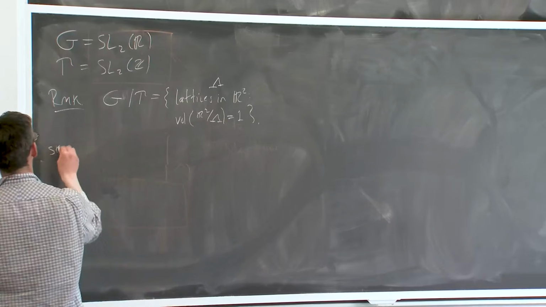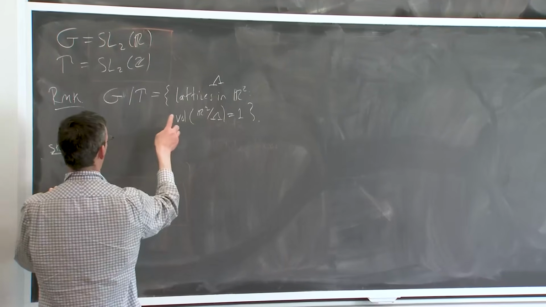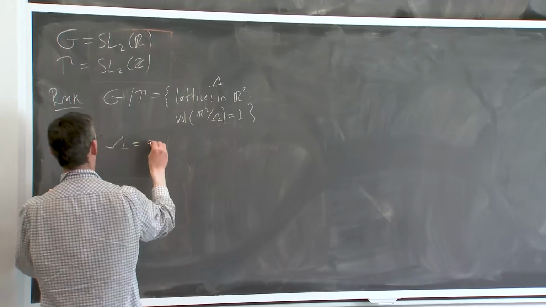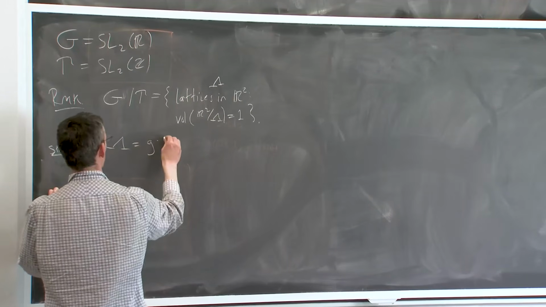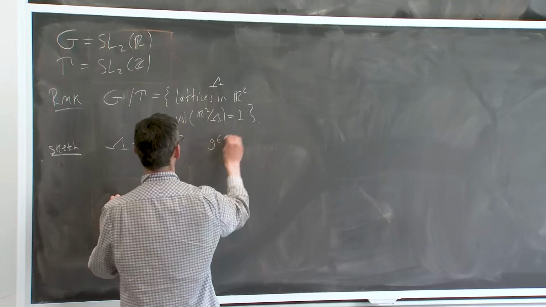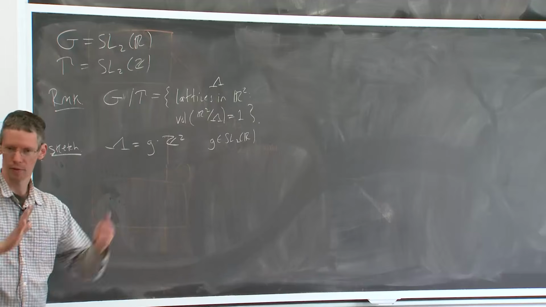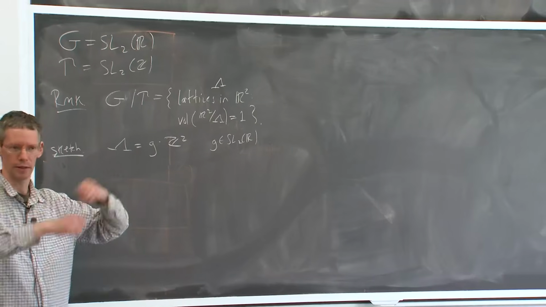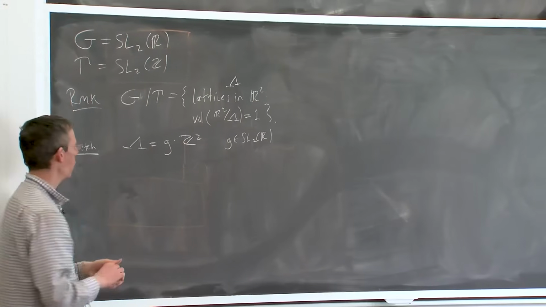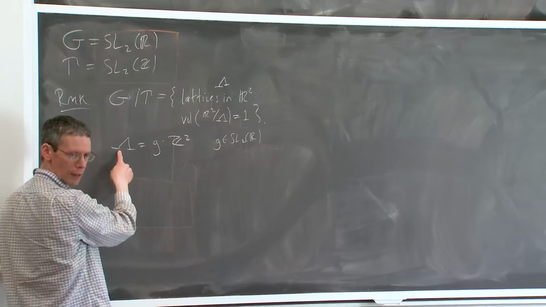So let's do a proof sketch. Any such lattice we can write as g times the lattice Z squared, where g is in SL2R. So you can make any lattice by starting with Z squared and applying a linear transformation. However, there's more than one g that gives you the same Λ.